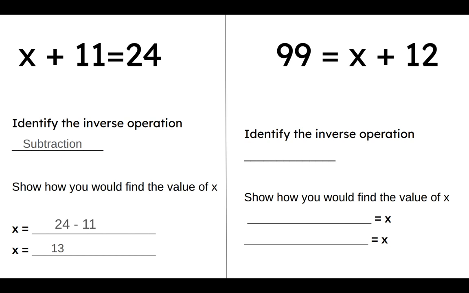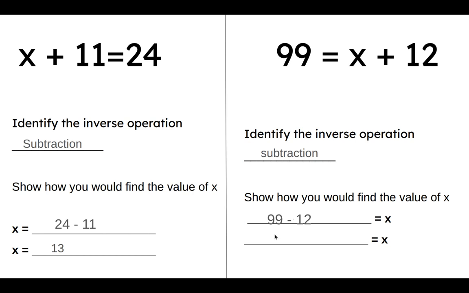So let's take a look at another story. Once upon a time, 99 equaled x plus 12. My brain says, oh, the inverse operation of addition is subtraction. Now I'm giving my supporting details. Show how you would find the value of x. Well, I would take my 99 and subtract 12 to get to the value of x. That's my story. That's how I got to the end.